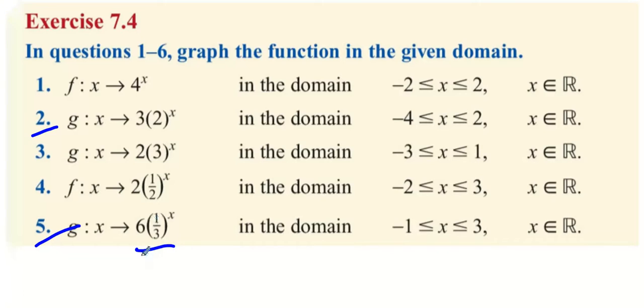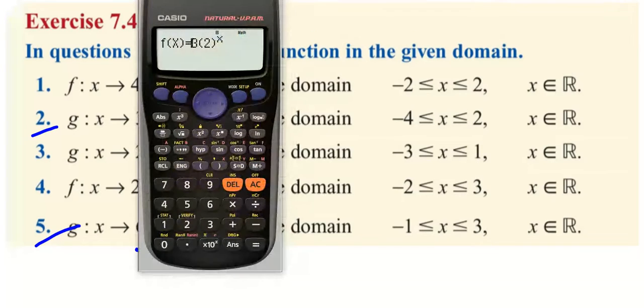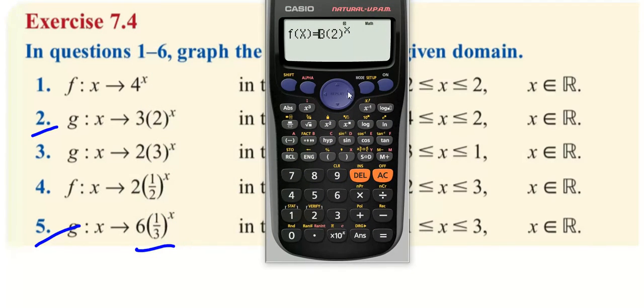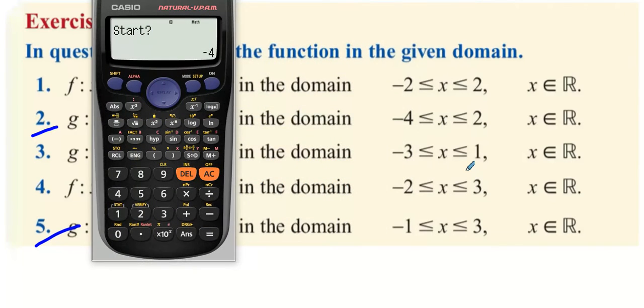The next one is 6 by 1/3 to the power of x. So we get 6 in here. Then we get 1/3 to the power of x down here, like so. We have to start at -1 and end at 3.